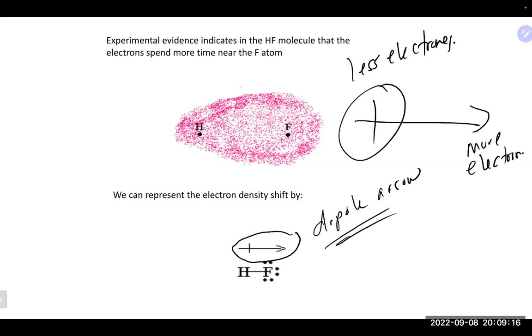We use that sort of arrow a lot in bonding to represent polar bonds. We never use it to represent nonpolar bonds because there is equal sharing of electrons. And a nonpolar bond is essentially like a neutral bond. There's no side that's more positive, there's no side that's more negative because of that equal sharing of electrons. Any questions on that there?